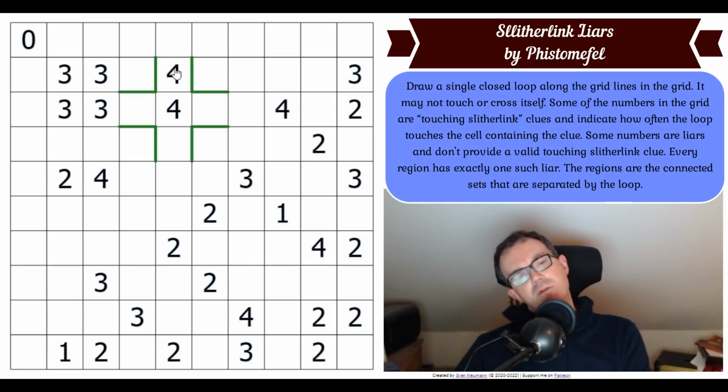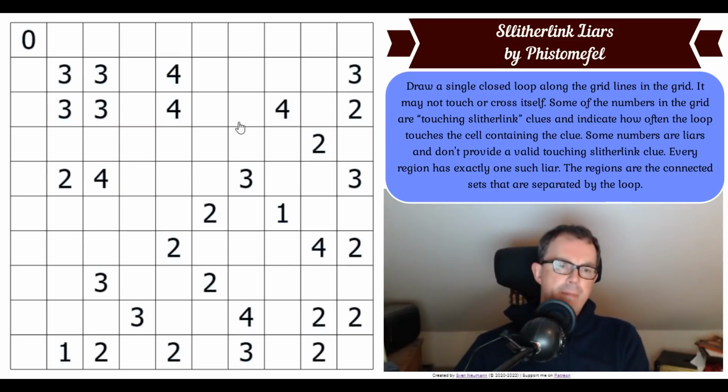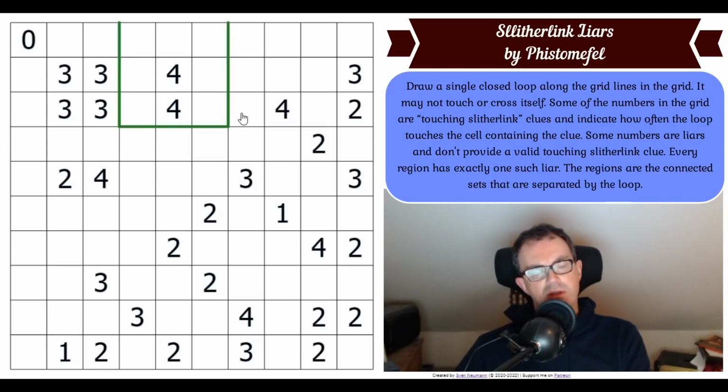So what I want to know is whether it's necessary for one of the 4s to be correct. So if the... Oh no, hang on. They can't both be incorrect in the same region, can they? So even if this was outside the loop, like this, this puzzle is broken now, because these 4s would be in the same region, outside the loop, and neither of them is a 4 clue. And that's not allowed. There must be exactly one incorrect.